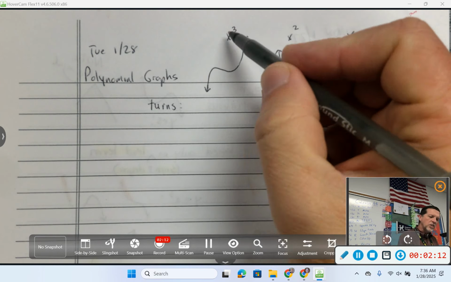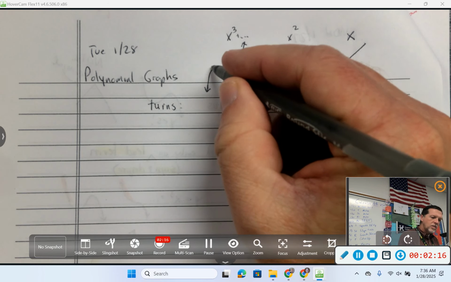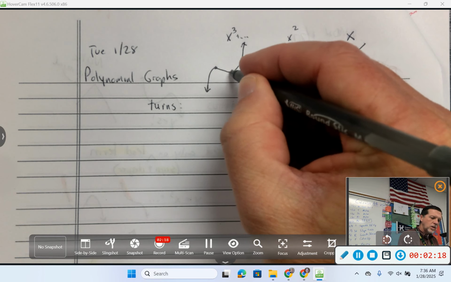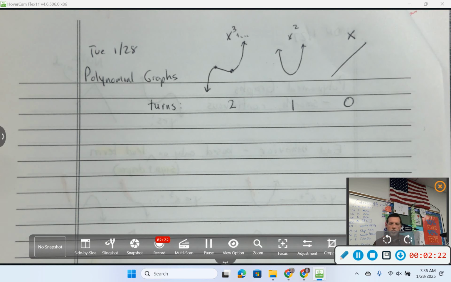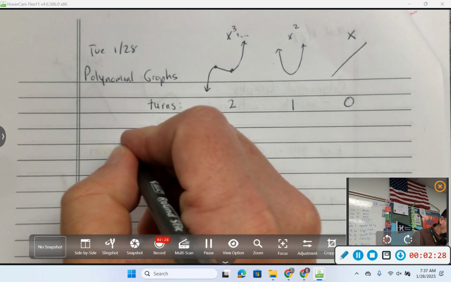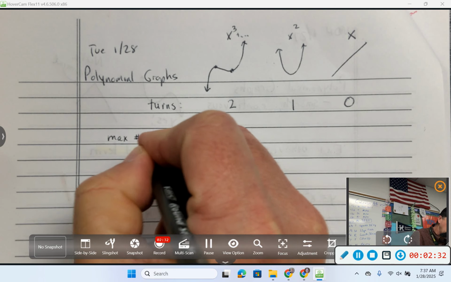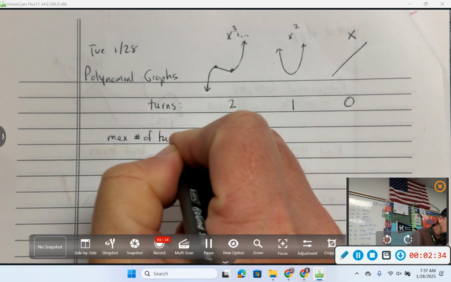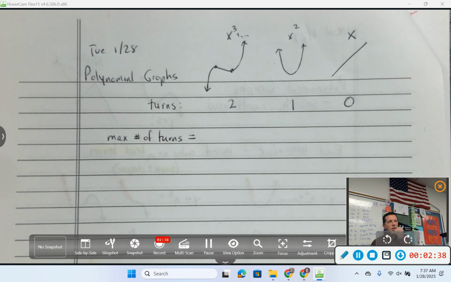How many turns does x cubed have? I would say it has 2. Is that enough for you to make a guess on the maximum number of turns a polynomial has?